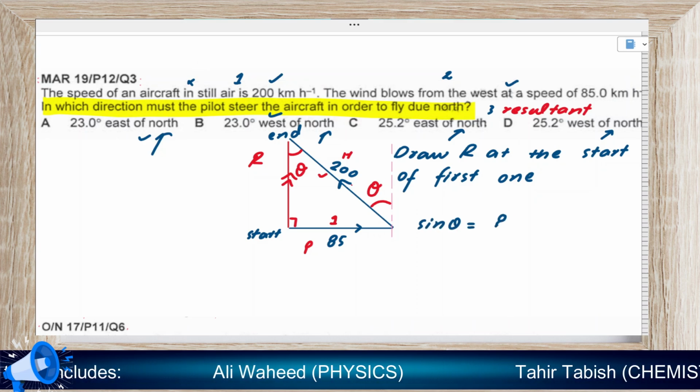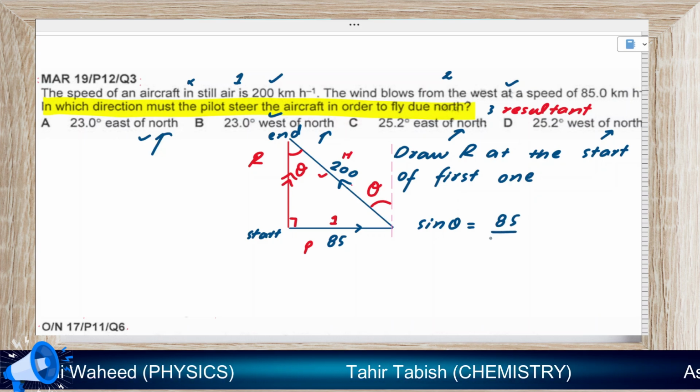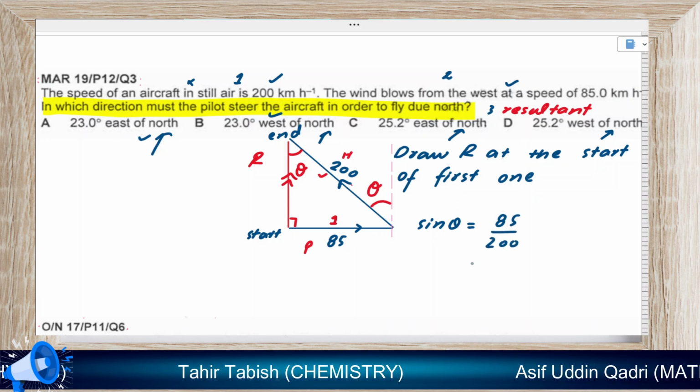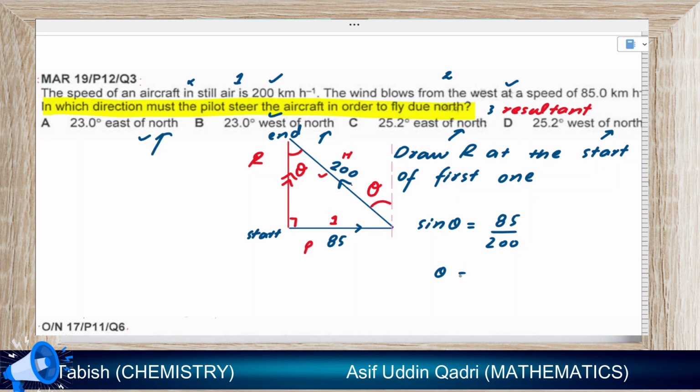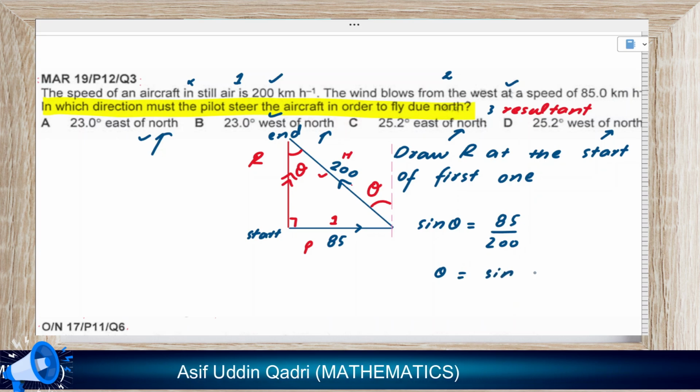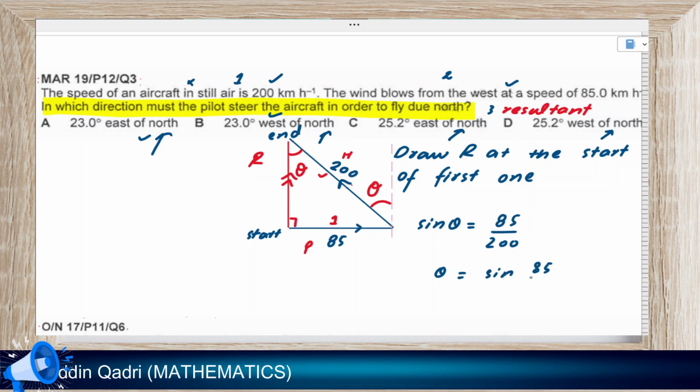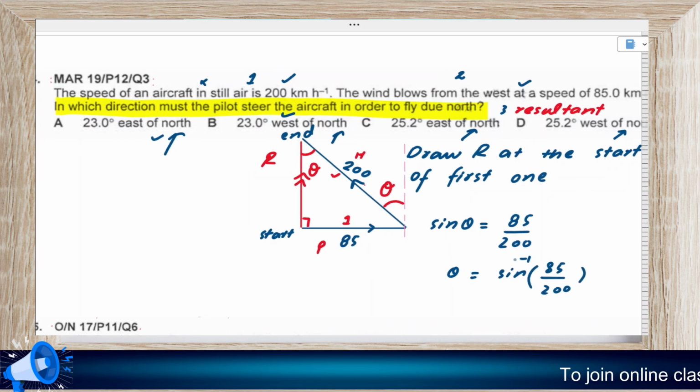Sine theta equals perpendicular over hypotenuse, which is theta equals sine inverse of 85 divided by 200. Could you hit it on the calculator?